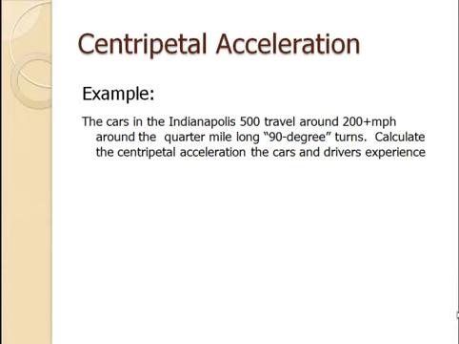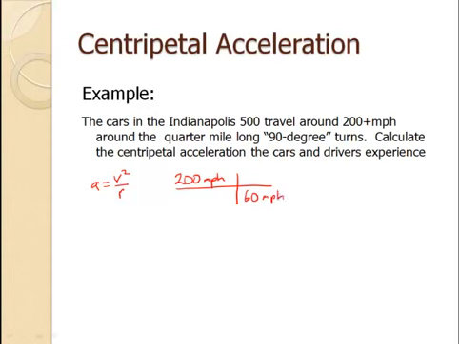So, to measure centripetal acceleration, we will need a velocity, how fast the cars are moving, and square that, and then divide it by a radius. We have a velocity, we'll say 200 miles per hour, but it's not in a standard unit. I remember a fact from earlier in the year that 60 miles per hour is equivalent to 88 feet per second.